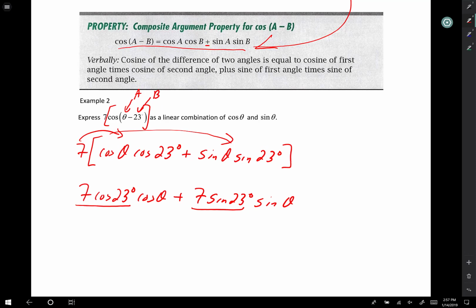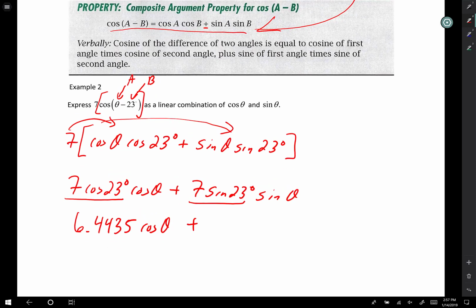And I have 6.443 cosine theta plus 7 sine 23. And I got 2.7351 sine theta. And that's it, you're done.